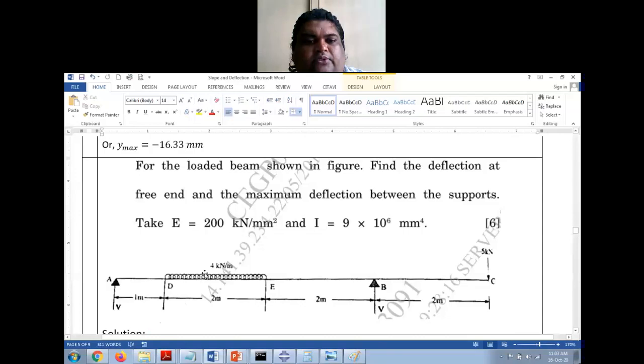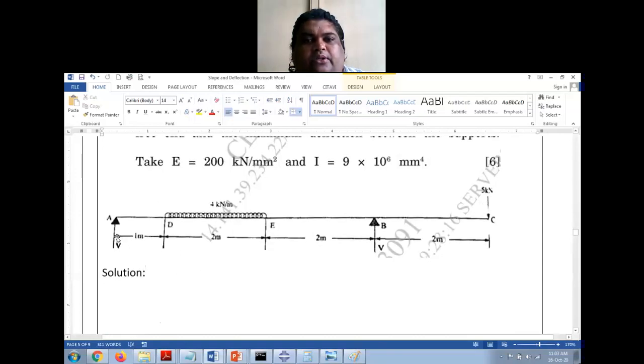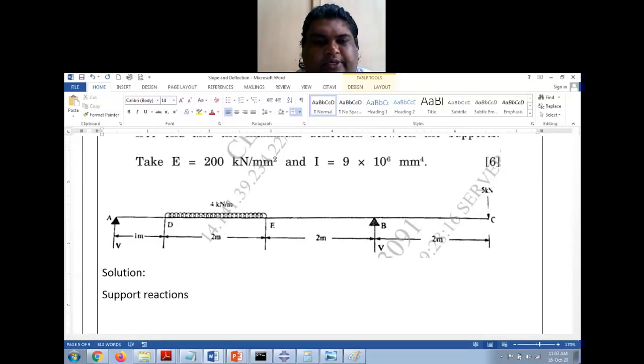Now the first step we need to do in the Macaulay's method is to find the support reactions, right? So let us start with that. Support reactions, taking moments about point A, right?